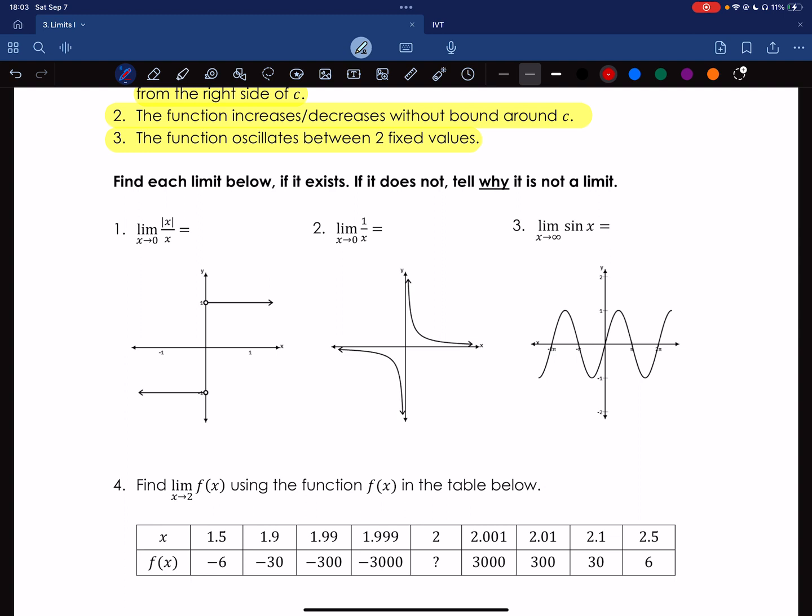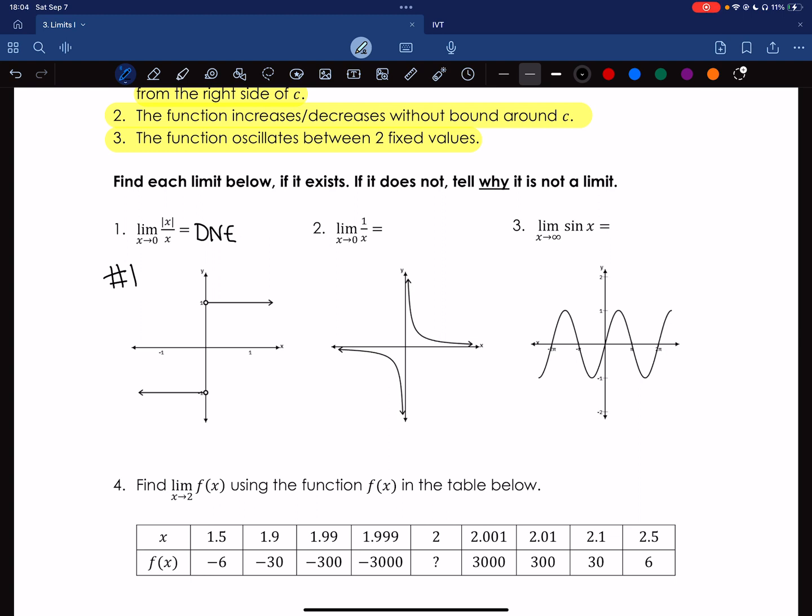If it doesn't, tell why it's not a limit. Number one, the limit does not exist because, as we approach 0, the left and the right are approaching two different values, which would be option number 1.